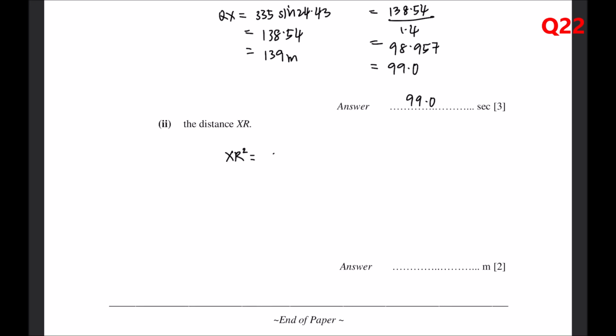You have 335 squared minus QX, which you found in the previous part, 138.54 squared. Then find XR. So the square root of 335 squared minus 138.54 squared gives you 305.010. To 3 significant figures, 305 meters. Alright, that's all.